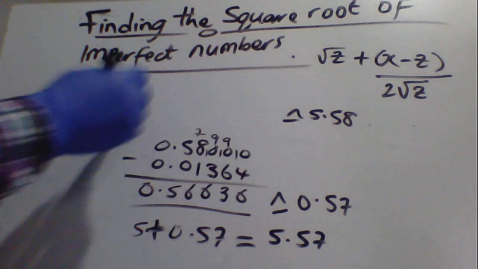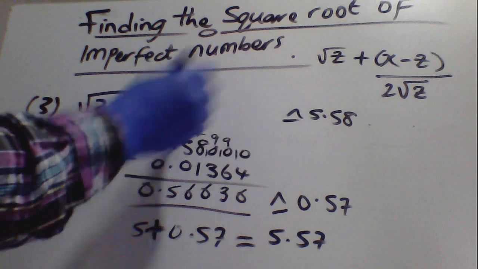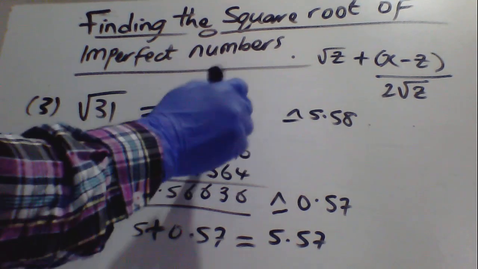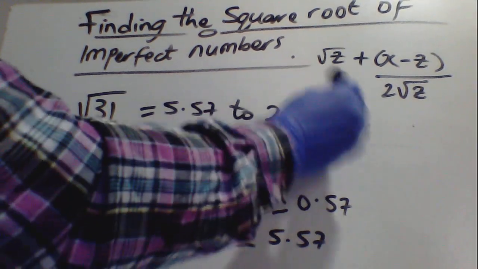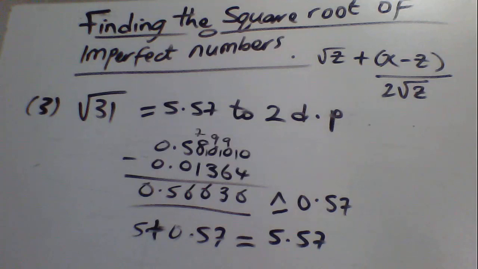So the square root of that one is equal to 5.57 to 2 decimal places. So that is it. Any questions?